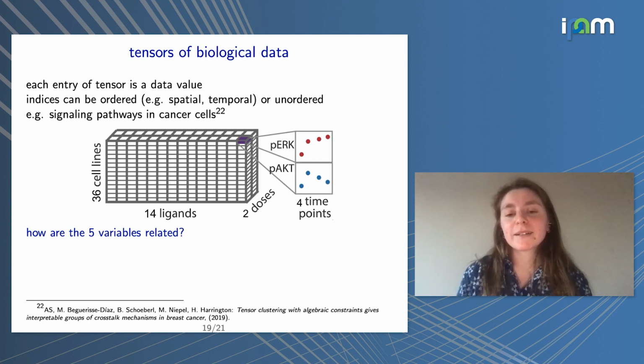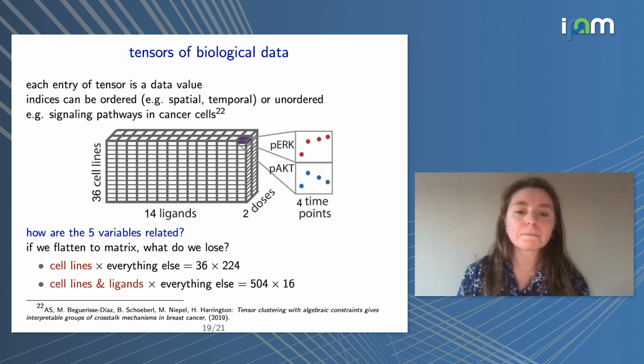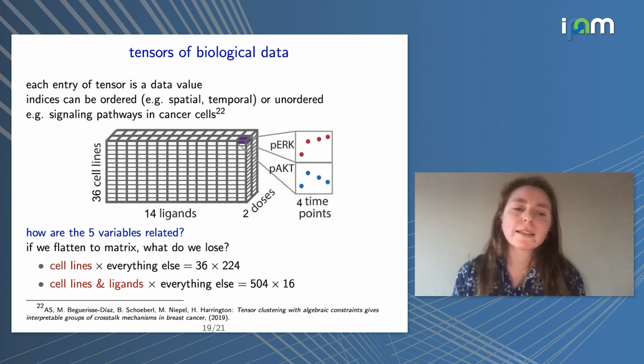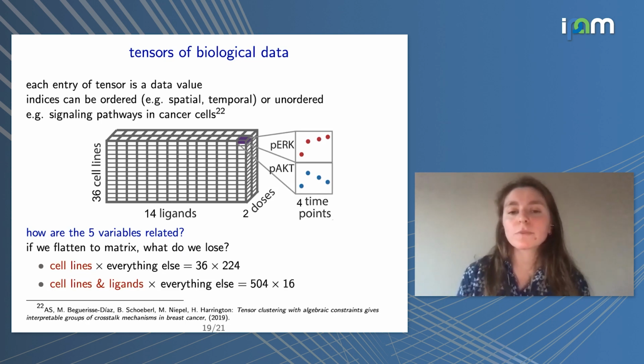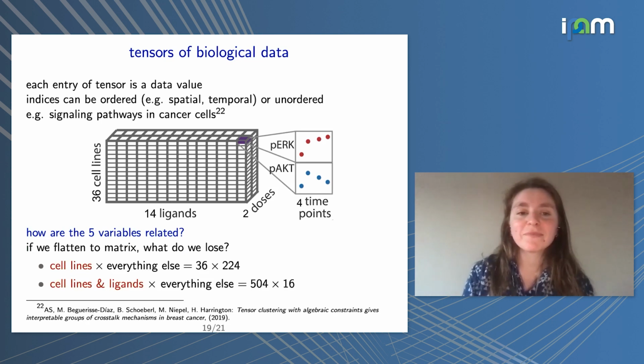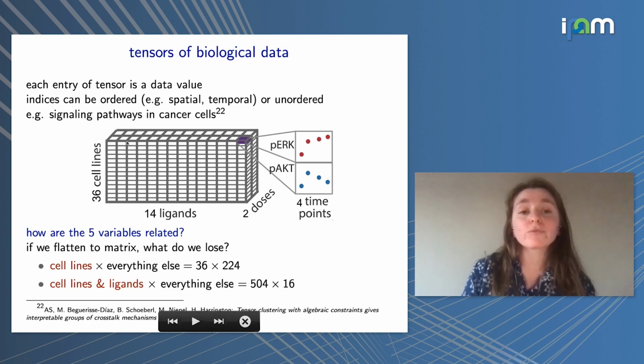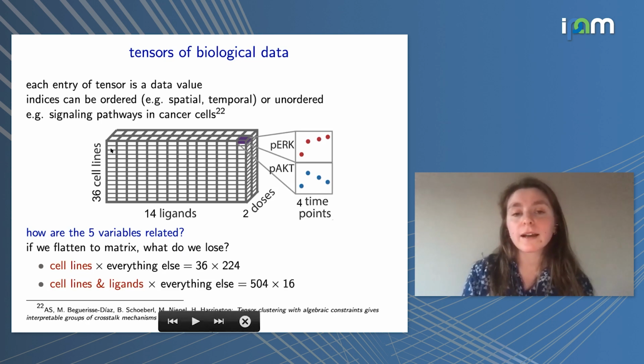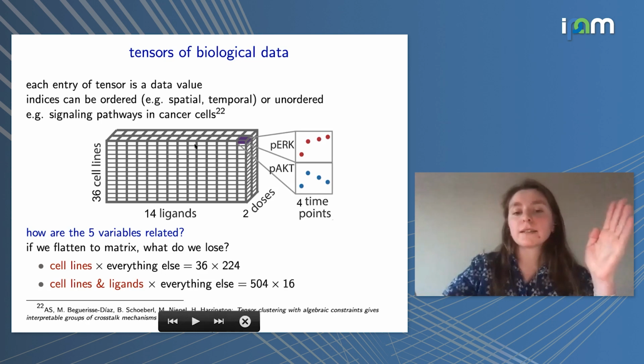And perhaps we hope that keeping the data in this tensor format is the right way to approach this kind of question. And one way to think about this is, well, if we flatten the data to get a matrix, what do we lose? So for this particular example, we could think about flattening to just have the rows of our matrix be the cell lines and everything else is combined together.